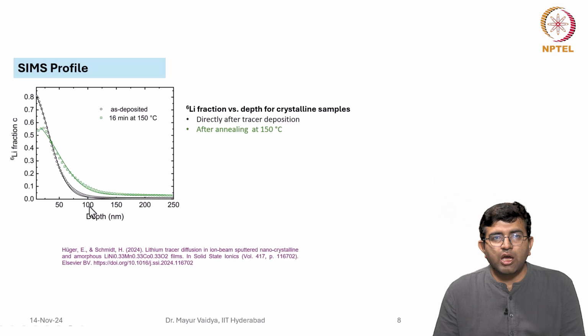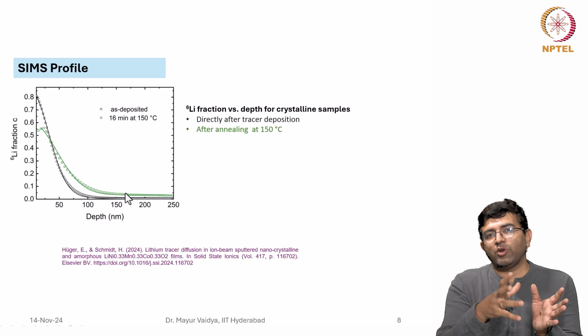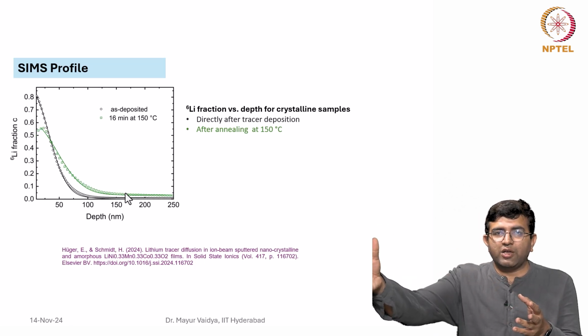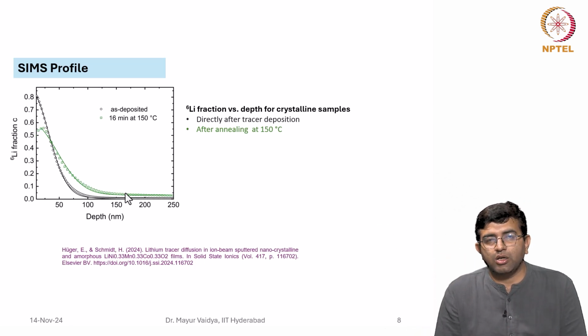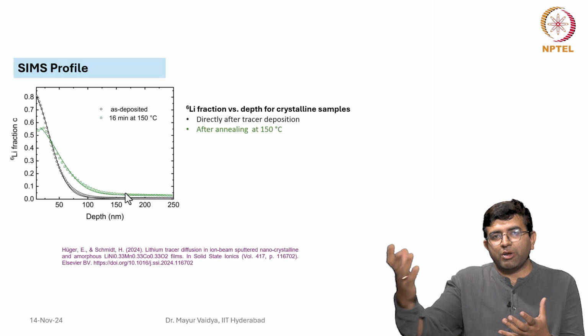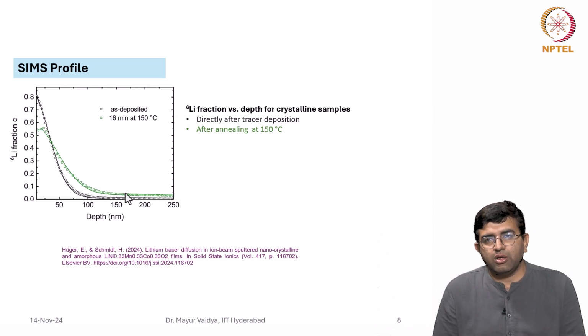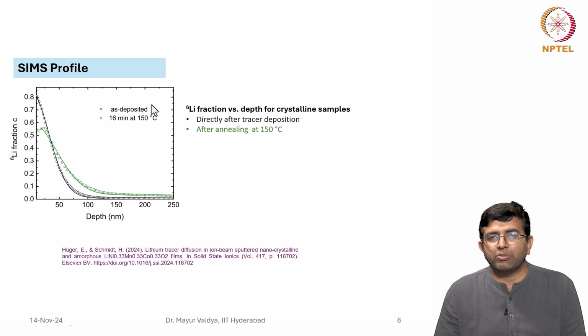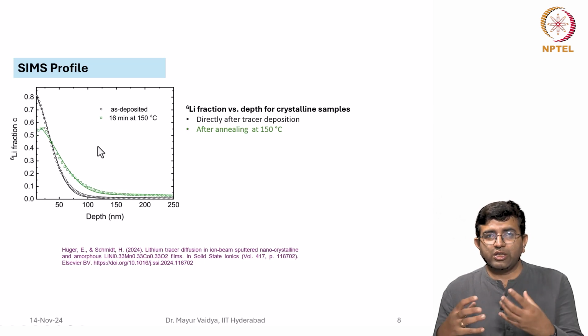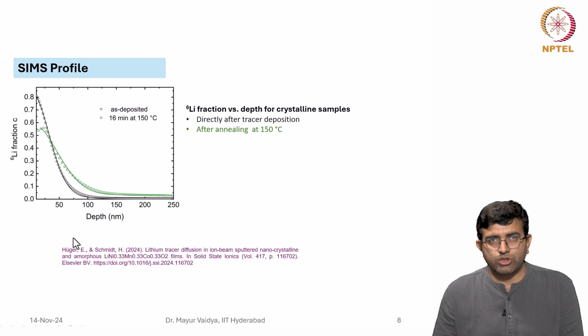Whereas with SIMS, you can really go up to the nanometer level. Although the disadvantage would be that if your actual diffusion depth is in microns, then SIMS may not be useful, because then the sputtering time will be too huge and it will just not be efficient. Therefore, SIMS is more suitable for measuring the lower diffusion coefficients.